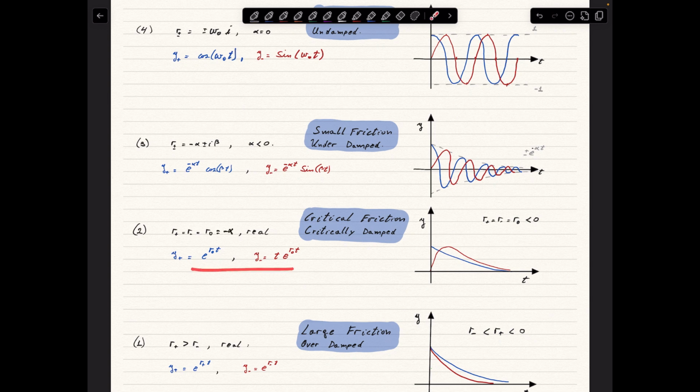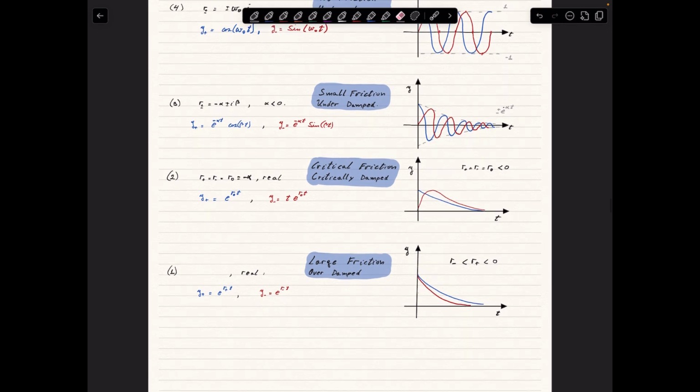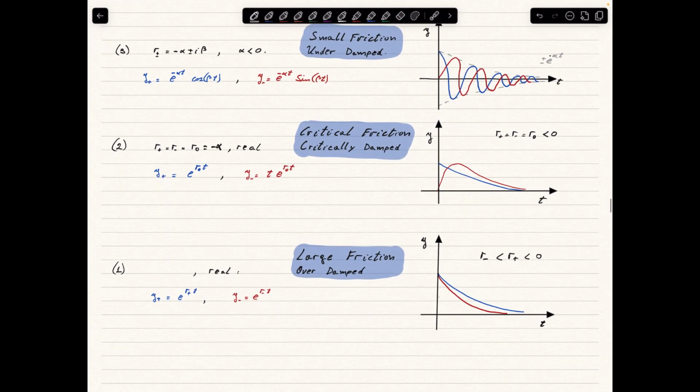In that case, the solutions decay in that way. And then finally, when we have both roots negative, it's a good idea to write it as we wrote before. R minus is smaller than r plus, but they are both negative.